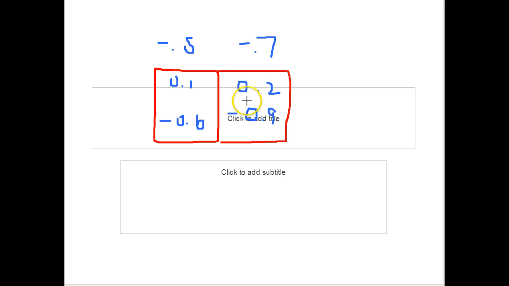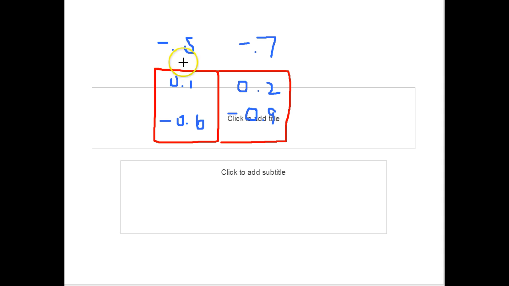Which way is the water going to move? Right to left or left to right? Which has a lower water potential? The only thing you have to worry about is water potential. Which one has a lower water potential? What's lower, minus 0.5 or minus 0.7?